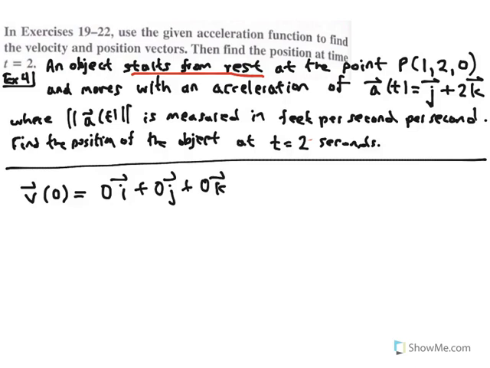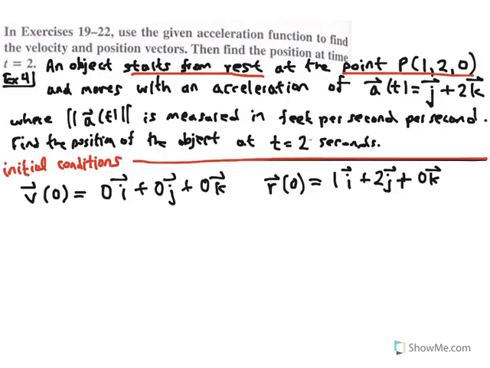An object starts from rest at the point P(1, 2, 0). So this is also an initial condition. This is the initial position of the object. So r of 0 is 1i plus 2j plus 0k. So we have some initial conditions. These are initial conditions.